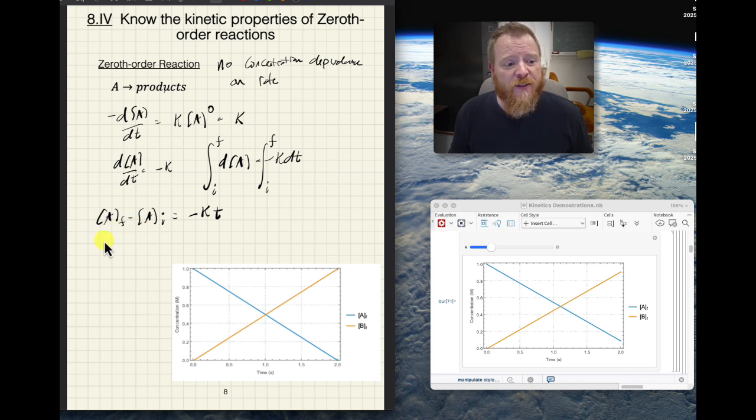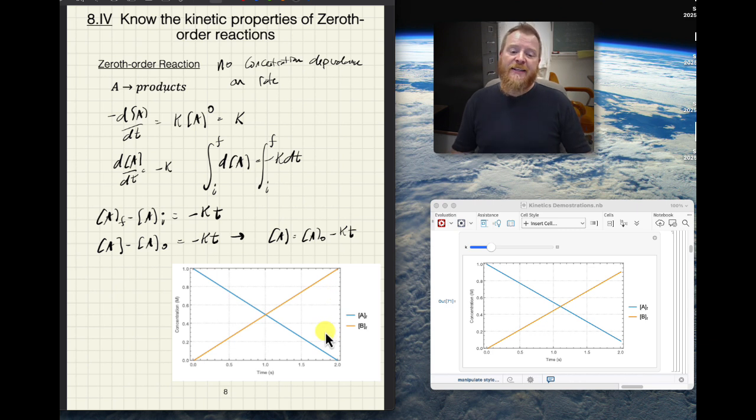And in literature, we would typically see the final concentration just written as bracket A, and the initial concentration we typically see with a little 0 written right there. So just to make sure that we're consistent with literature, this is now what our integrated rate law would look like. And doing just a little bit more algebra on there, we can see the concentration of A at any time is going to be equal to its initial concentration minus kt.